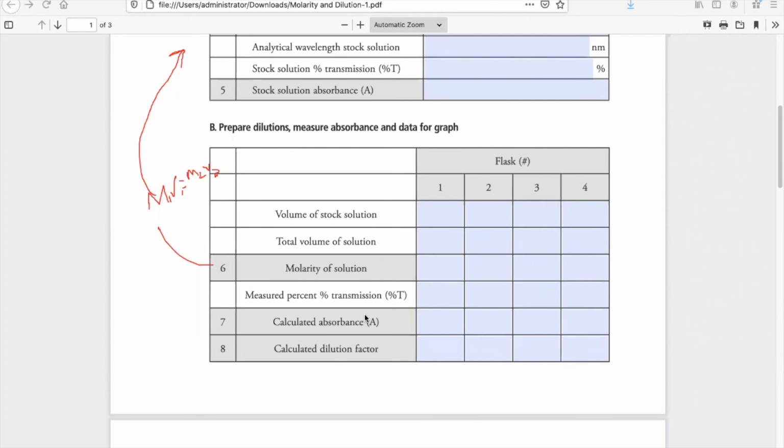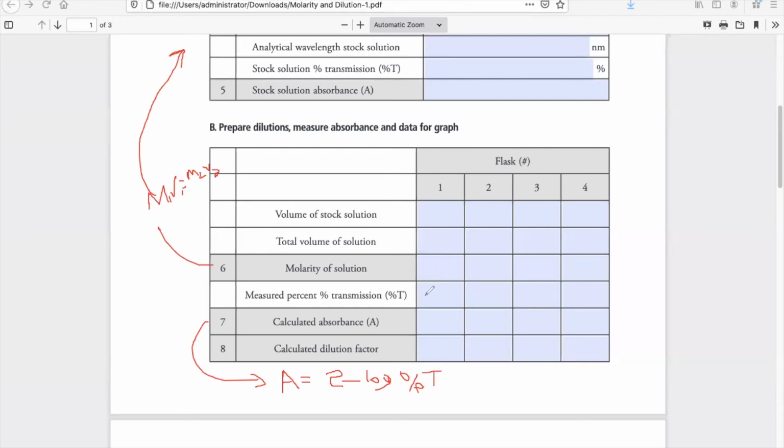Now, you need to calculate this from line 7 here. Line 7 here, you have to use A. This is calculated absorbance equals to, remember what? A equals minus log of percent T, percent transmittance.